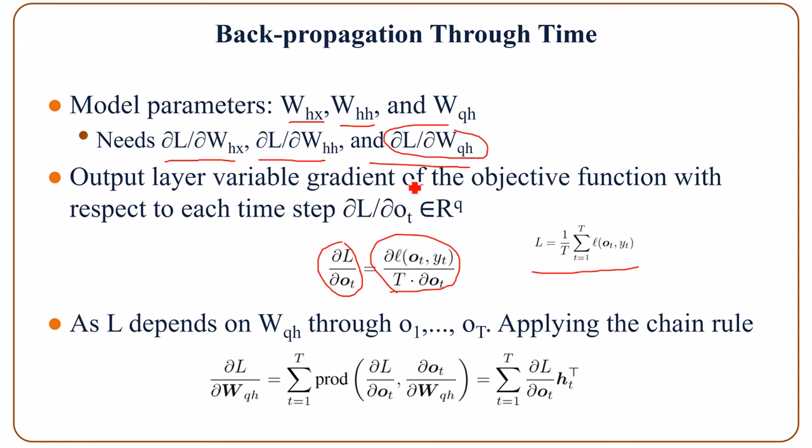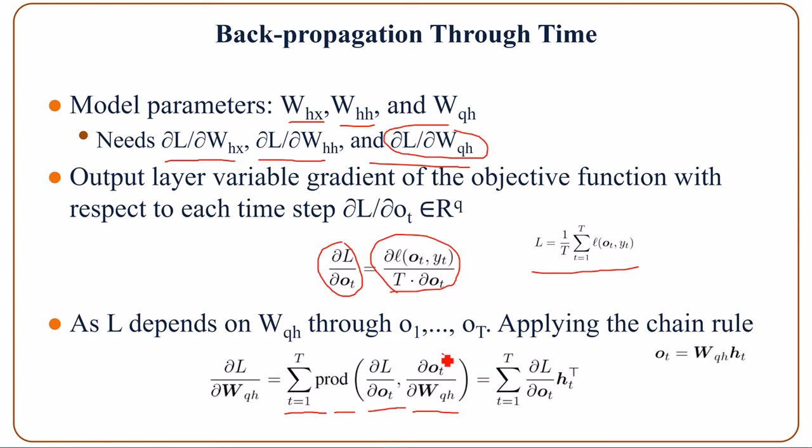And here we have the sum for all the T time steps of the products of derivatives of the loss with respect to the output at time t, and the derivative of the output at time t with respect to the weight w_qh.